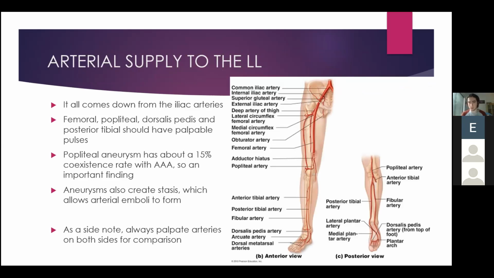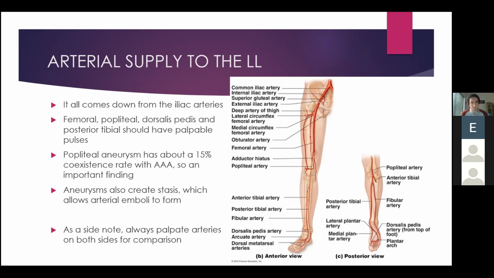Now the popliteal ones are important. Aneurysms are most important for two reasons. The first is they provide an area where you can get stasis of blood flow because they're an abnormality in the vessel wall, and you get turbulent flow there, and it's effectively like the little outpouching you have in the atria, which gives you clots.